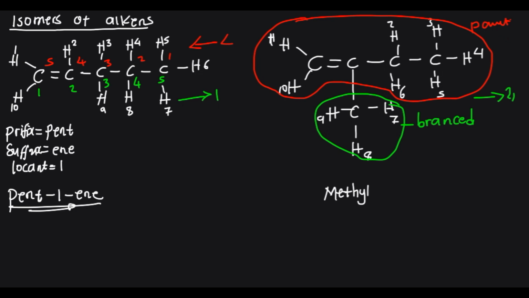Remember, we said that we always use the lowest number. 2 is lower than 3, so we'll choose 2. So we put 2, then a dash. The number in front of an alkyl group indicates the position of the branch. So we are done with the branch.